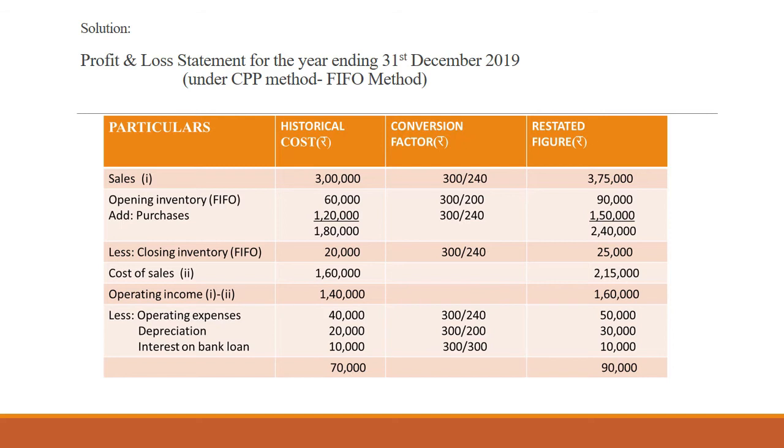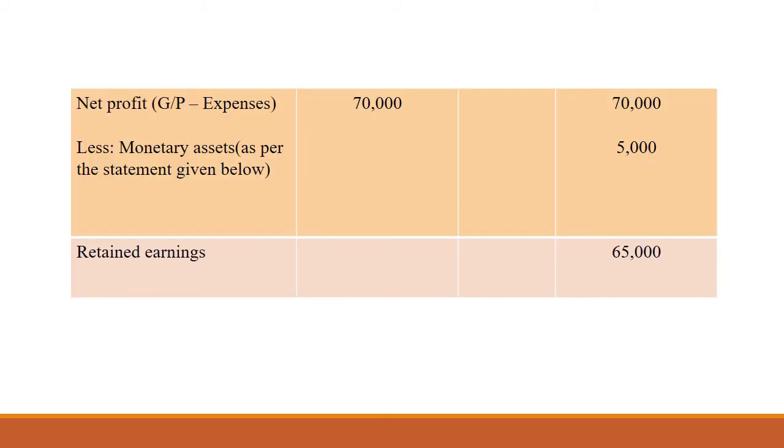The total expenses become 70,000, and in the restated figure 90,000. Net profit is equal to operating income minus the expenses. That is 1,40,000 minus 70,000, 70,000.